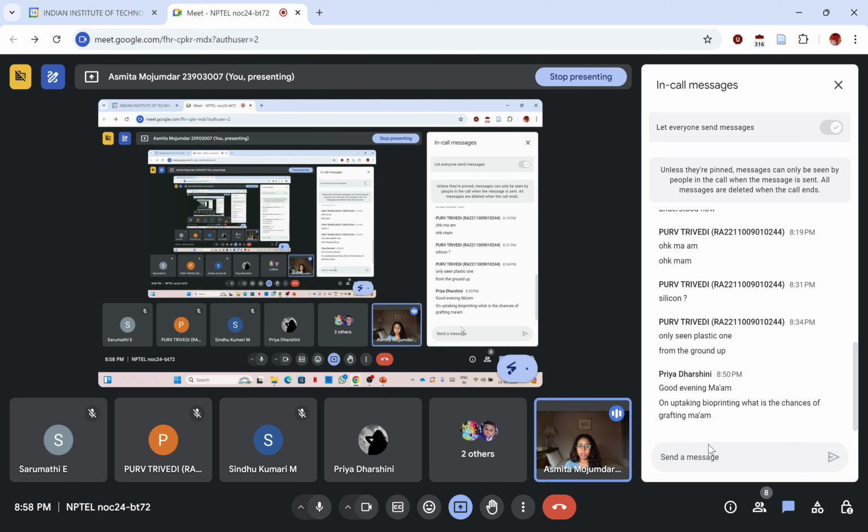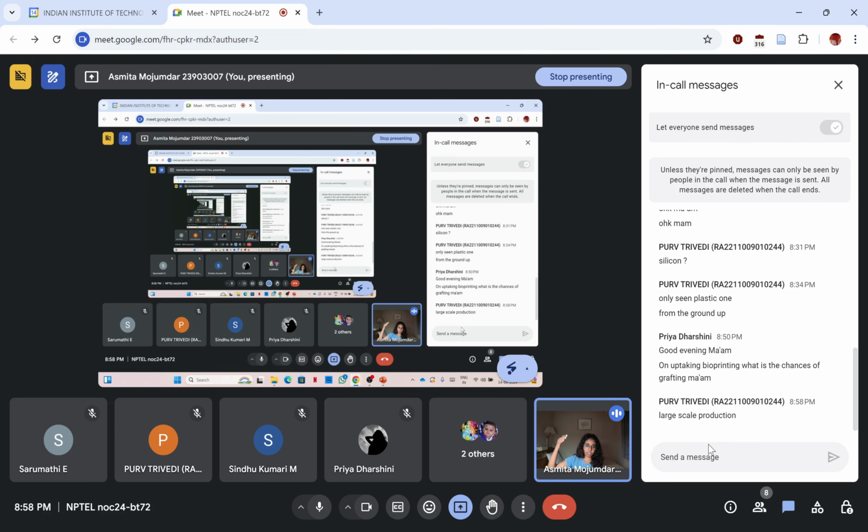Financially, if you think about it, the reason people came up with this 3D bioprinting technique is, like I was saying, the patient list is very long, and the number of organs that are being donated on a daily regular basis is very less. So basically the list is very long.